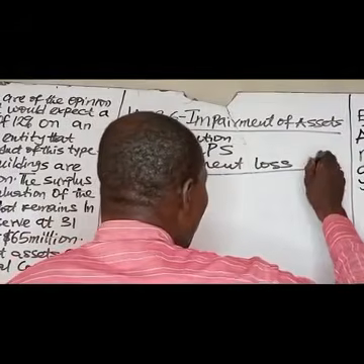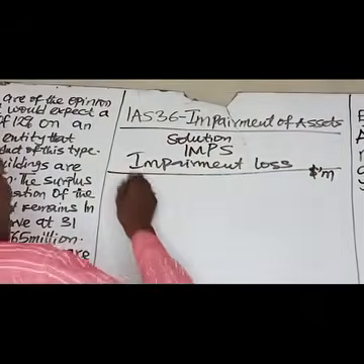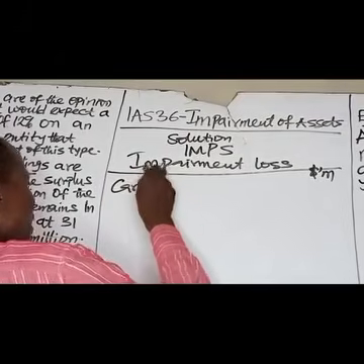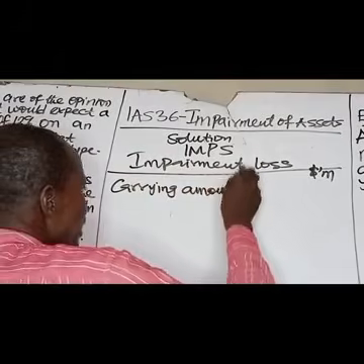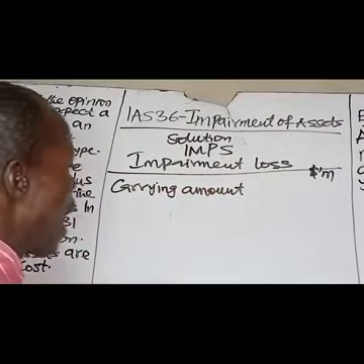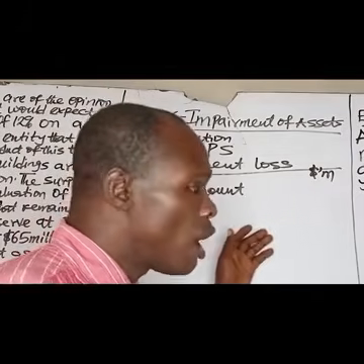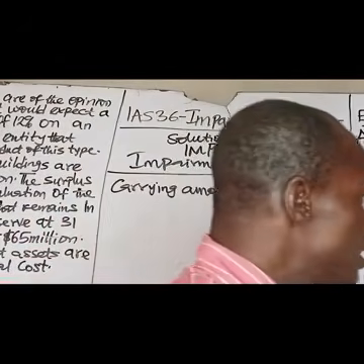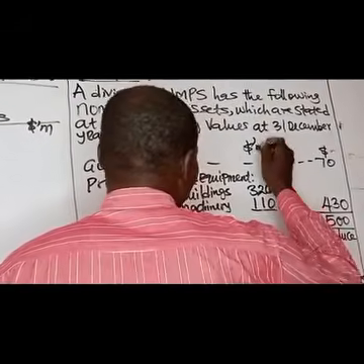We've said that impairment loss is the amount by which the carrying amount of an asset exceeds its recoverable amount. Now, how much is the carrying amount of the cash generating unit? The amount is in million.